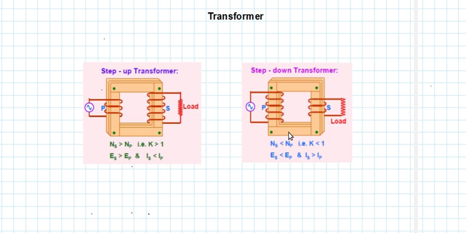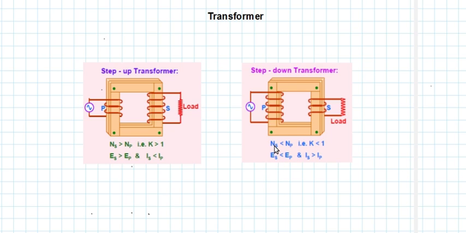We can see that the number of turns of the secondary is less than that of the primary. Here there are 5 turns for the primary, but only 3 turns for the secondary. So again Ns by Np is equal to Es by Ep. Since the number of turns of the secondary is less, the voltage of the secondary is less.